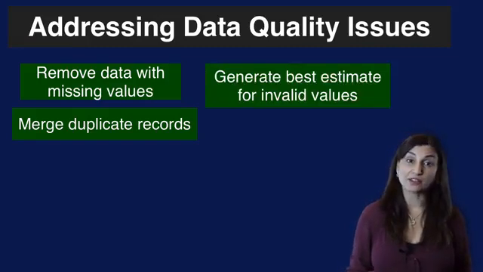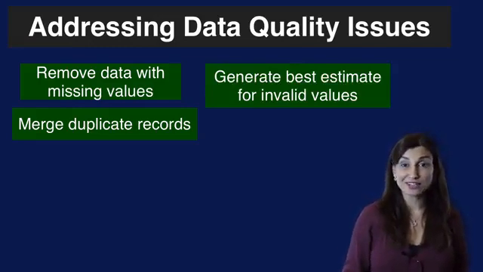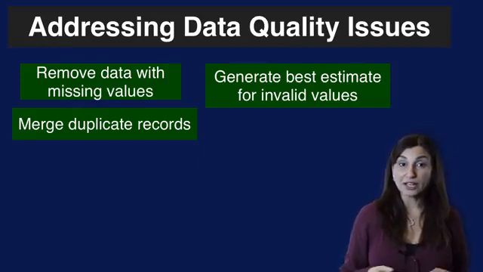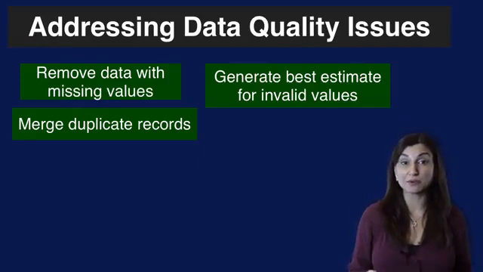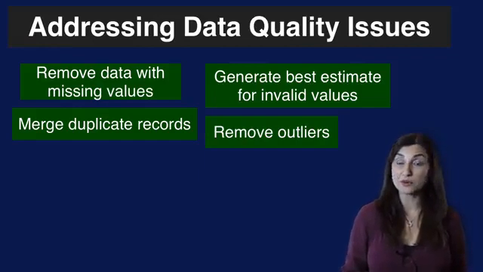For invalid values, the best estimate for a reasonable value can be used as a replacement. For example, for a missing age value for an employee, a reasonable value can be estimated based on the employee's length of employment. Outliers can also be removed if they are not important to the task.